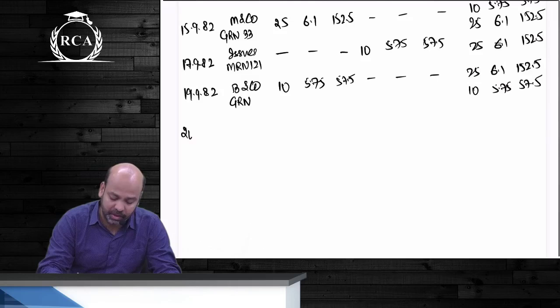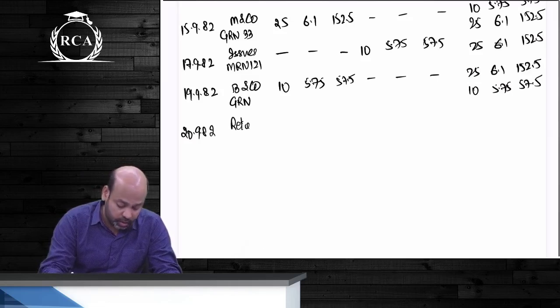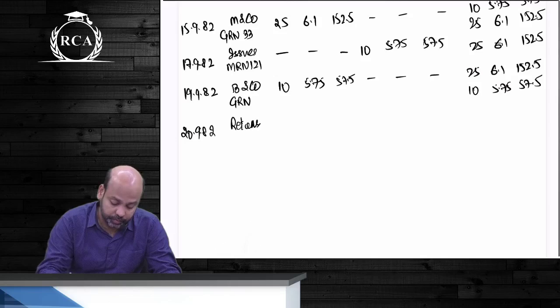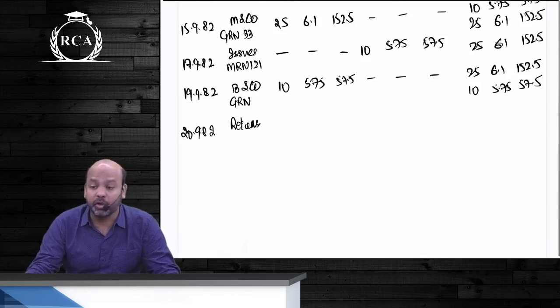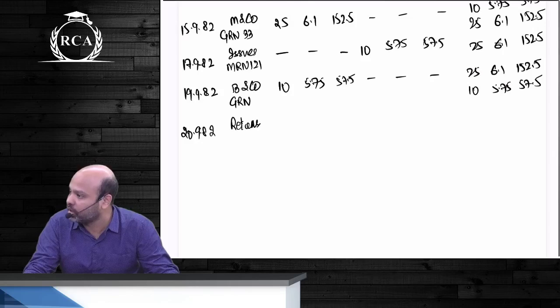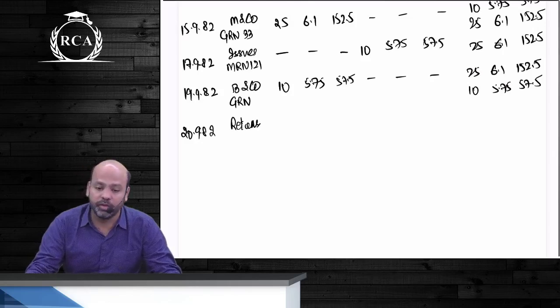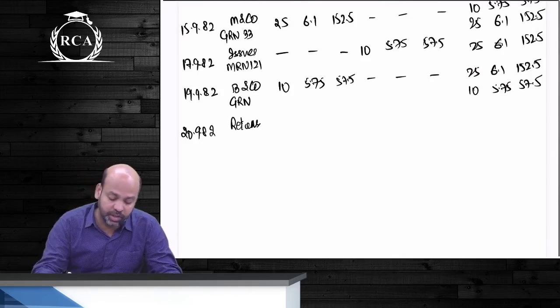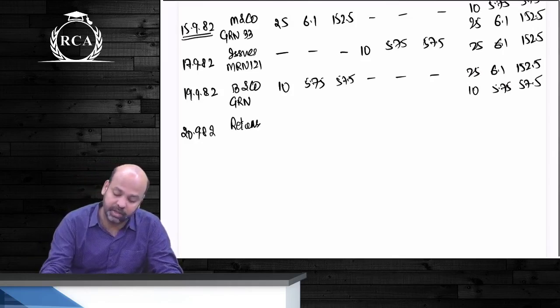20th September, returns from department, guys, of MN.Co. Now the material of MN.Co, guys, was never issued in this month, but the question still says that the material is being returned. All of you pay attention, guys. The material that was purchased on 15th of September is still lying in stock.